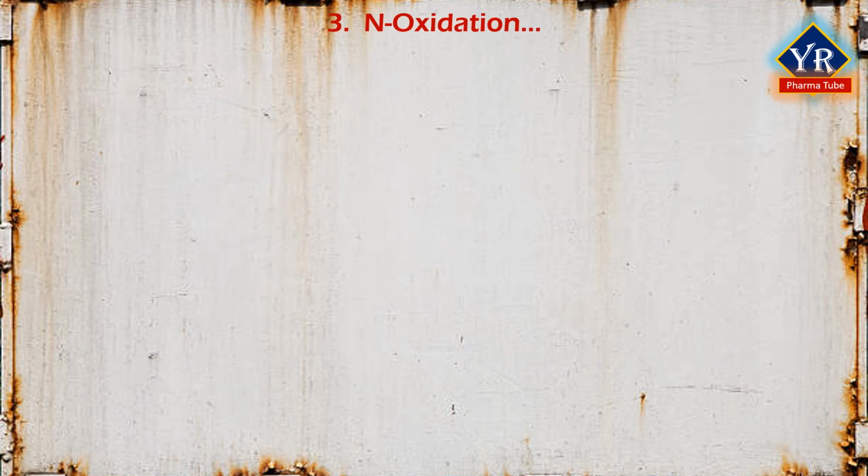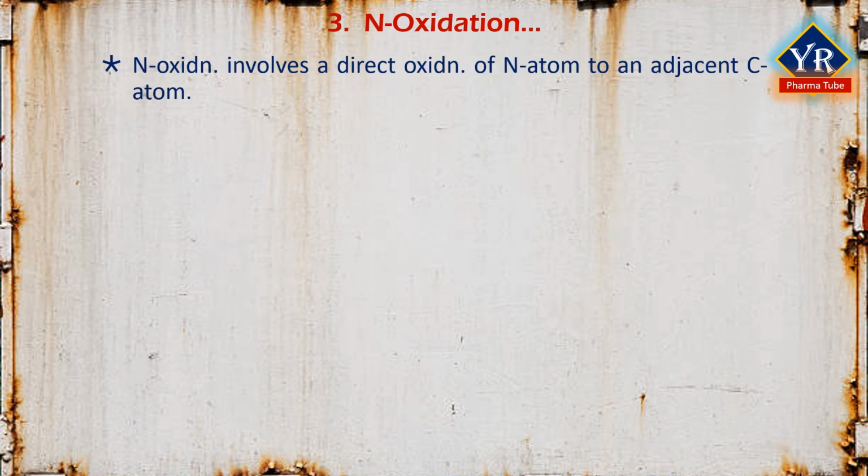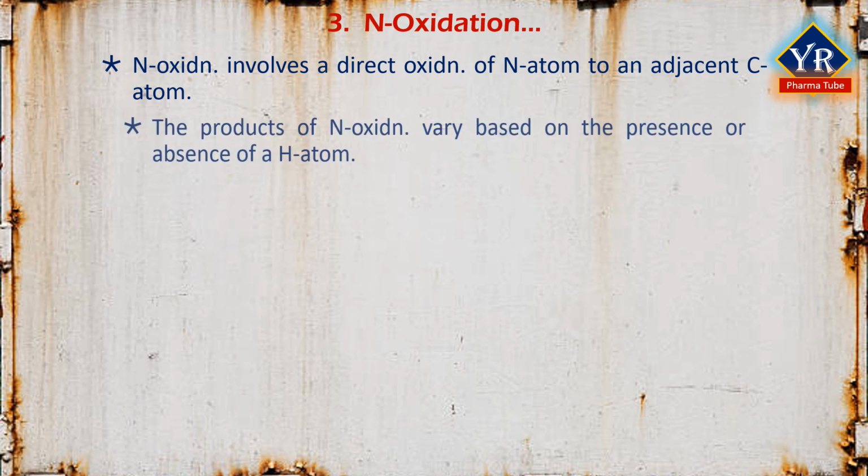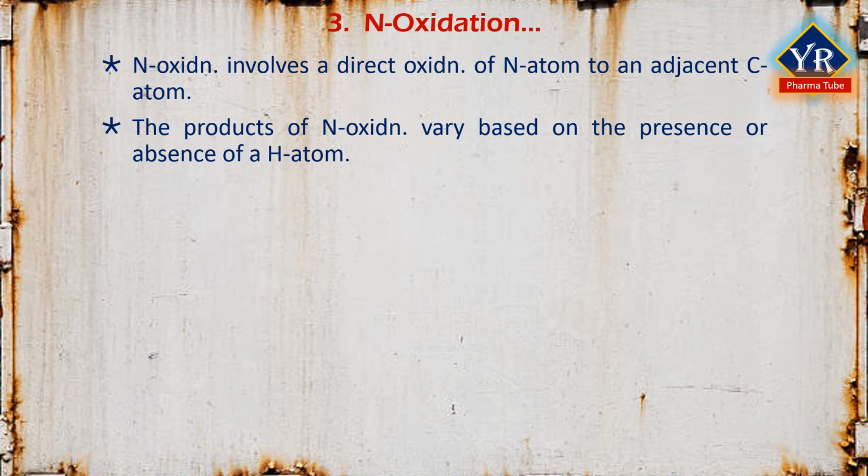Unlike oxidative deamination and N-dealkylation, N-oxidation involves a direct oxidation of the nitrogen atom as opposed to an adjacent carbon atom. Although it is not necessary for an adjacent carbon atom to be attached to a hydrogen atom, the products of N-oxidation vary based on the presence or absence of a hydrogen atom.